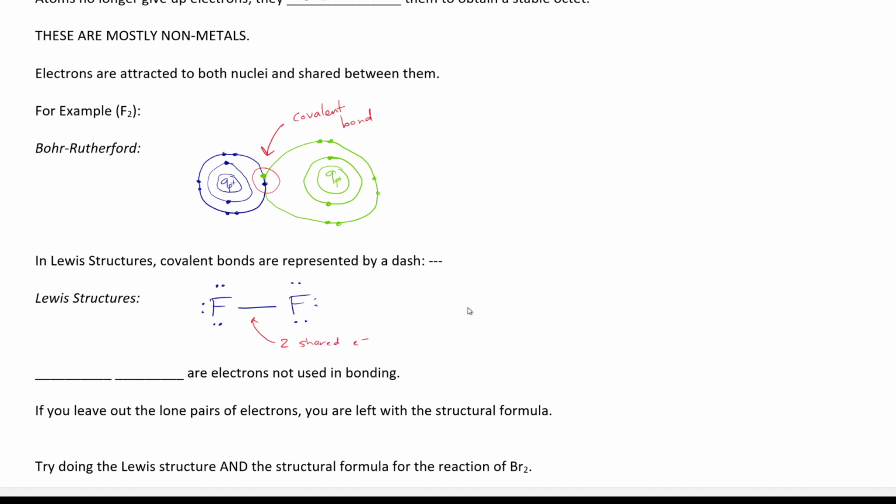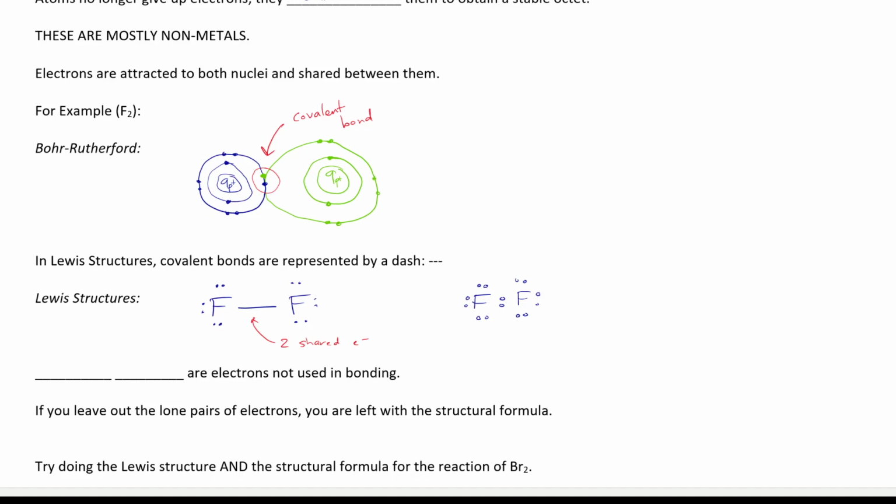You will also see some notations done this way as well, where the 2 shared electrons are just drawn as circles between the 2 atoms. But more often than not, to keep things a little cleaner, the dash is used to represent the 2 shared electrons in the covalent bond.